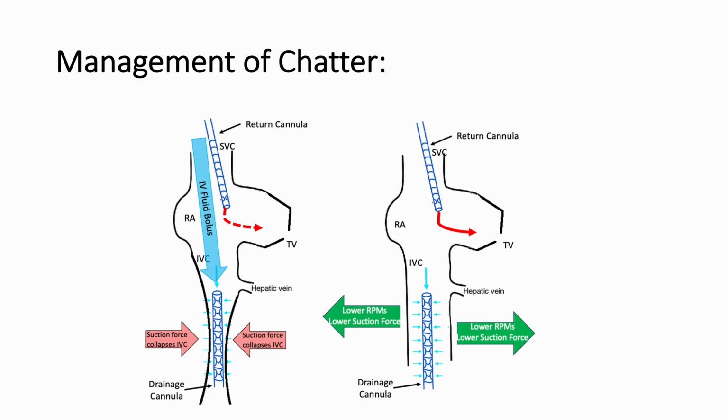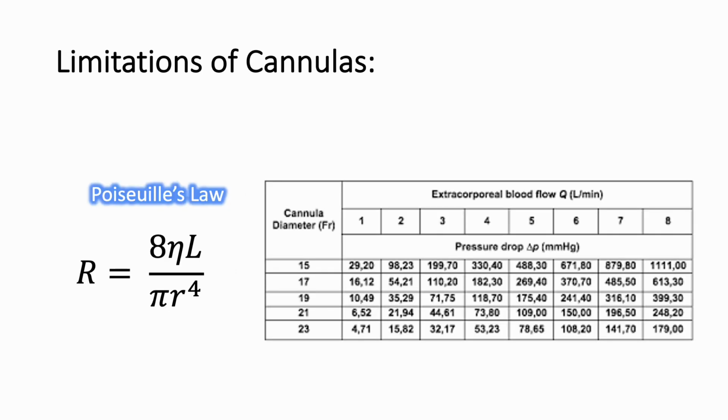Alternatively, blood pump speeds, RPMs, can be reduced, thereby reducing the suction forces experienced by the IVC walls, also reducing obstruction. The possible downside of this strategy is that with a reduction in blood pump RPMs comes a reduction in the overall blood flow and a decrease in oxygenated blood return to the patient, which can possibly decrease patient SpO2.